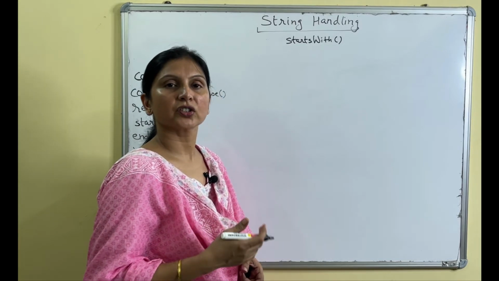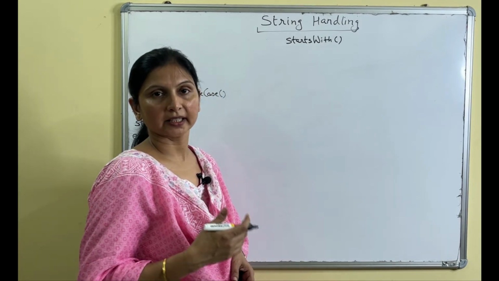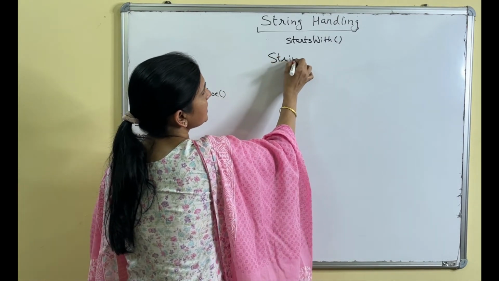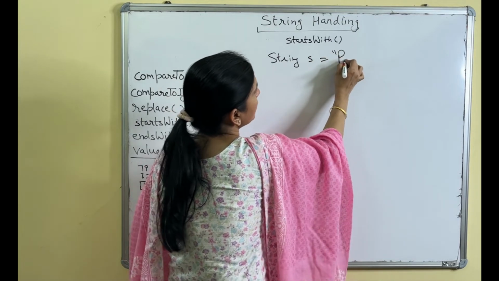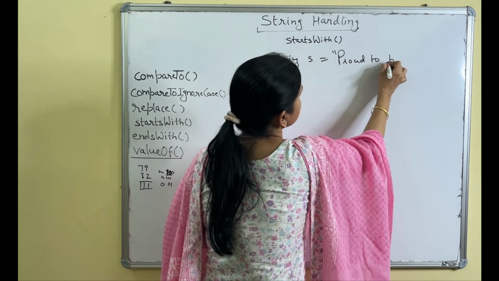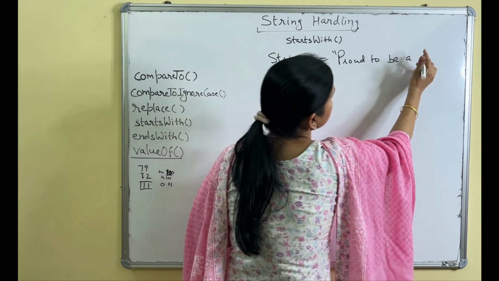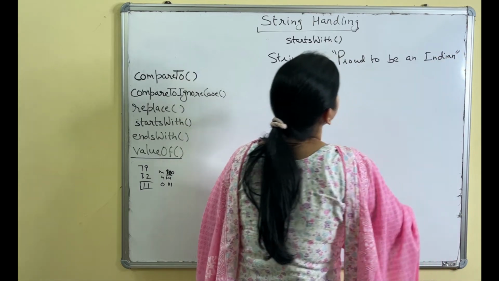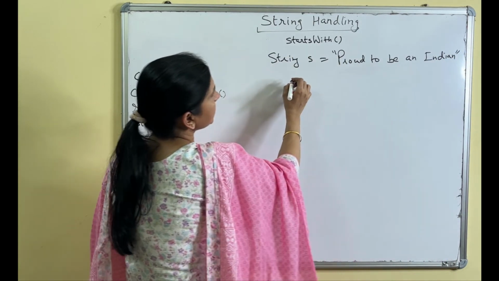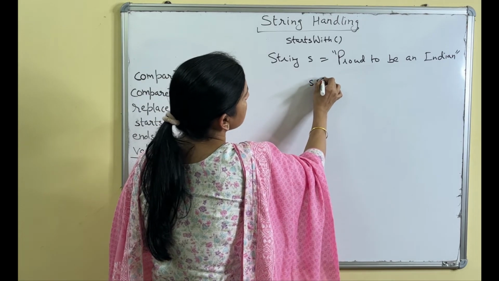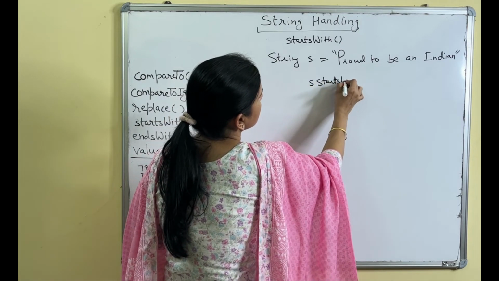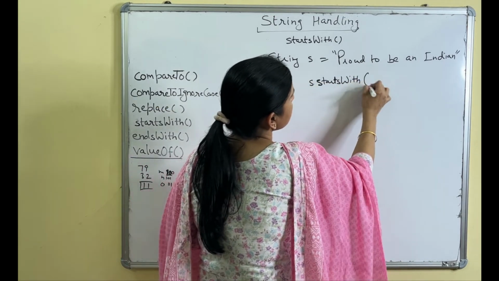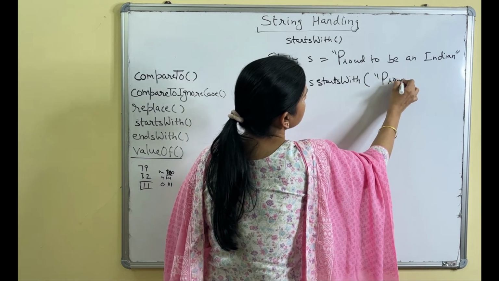Fine. Now the next are startsWith and endsWith. The startsWith function accepts a string as an argument and returns a boolean. For example, if I take string S equals to "proud to be an Indian", and if I write S.startsWith("proud"), what should be returned?